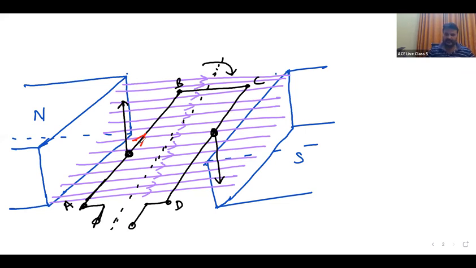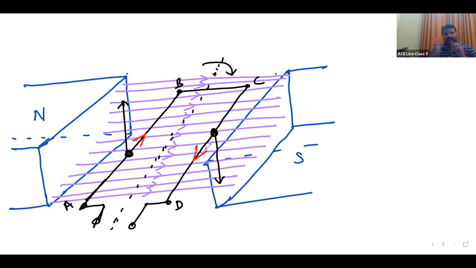Cross. Whereas in CD, it is moving downwards. So apply your flat form rule. The palm should always be opposite to the north pole. Flux enters here, but it is moving downwards. Then what is the current? Current is towards the observer. It is coming towards me. Then it is a dot.